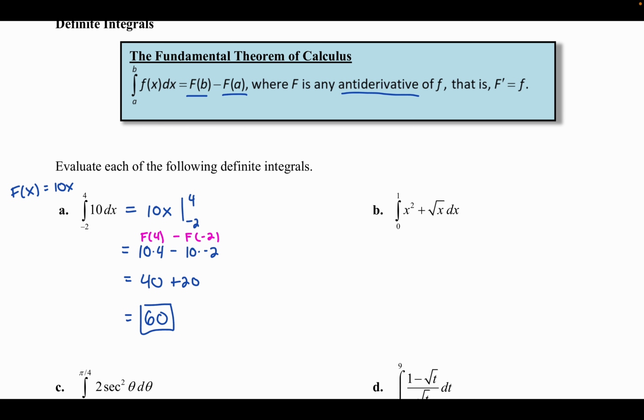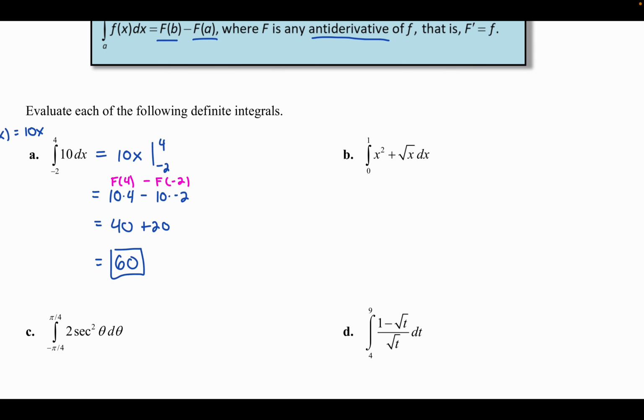This is one we could have done before, but we will quickly move on, letter B, to a problem that we could not have done before with geometry. First thing we do is take the antiderivative. This is going to be x cubed divided by 3 plus, remember this is just x to the 1/2, so this will be x to the 3/2. When I divide by 3/2, I end up flipping that fraction, so it'll be 2/3.